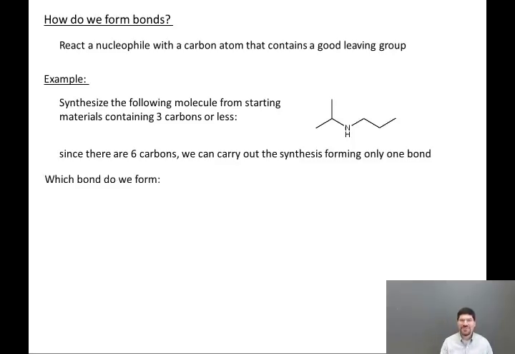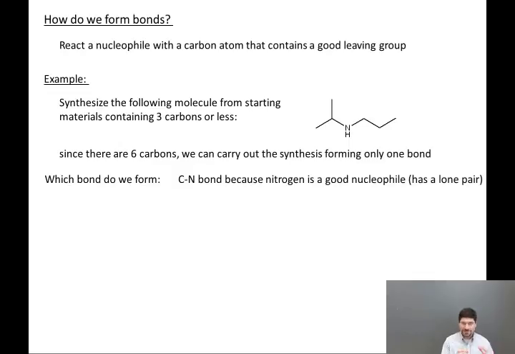So which bond do we form? Well, the answer is that we want to form one of the carbon-nitrogen bonds, because as you know, nitrogen is a good nucleophile. It has a lone pair on it, so those are rather obvious bonds to be able to form using a nucleophilic substitution reaction.